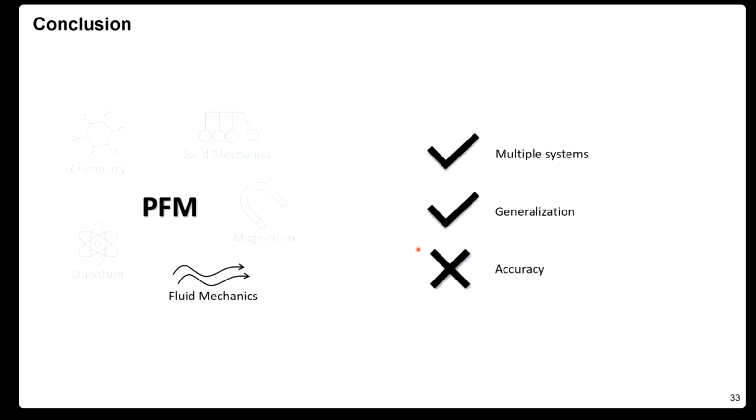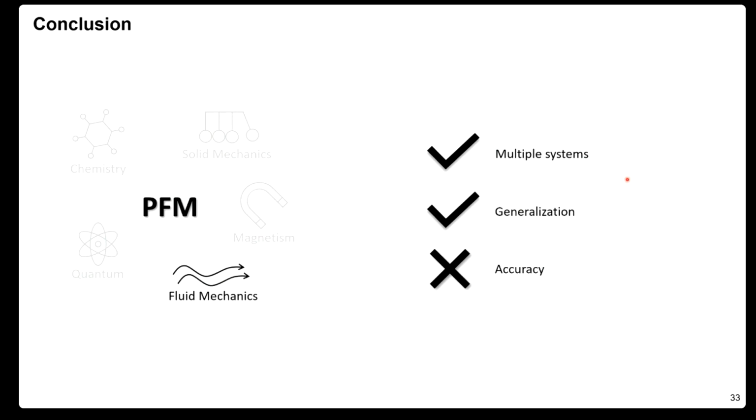Yeah, and with this, I'm a little bit early, but I want to come to the conclusion here: these physics foundation models, and not just mine, but basically all of the other ones as well, are usually focused on fluid mechanics in most cases. And that's one area of research where I think we should look into how we can combine multiple of those physical systems together to create an actual foundation model.